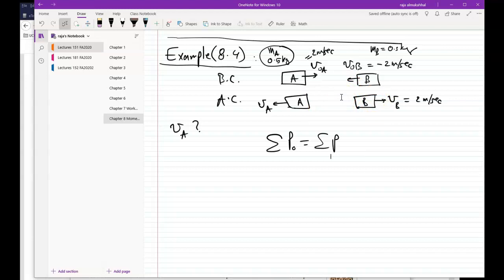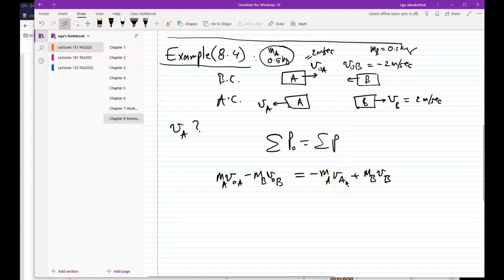You see what I'm saying? So let me look at before collision first, right here. That looks to me like this: M sub A, V naught sub A, minus M sub B, V naught sub B, equals, this is all before, after, minus M sub A, V sub A, plus M sub B, V sub B. Got it? You see what I've done? Okay. Remember, I'm solving for V sub A.